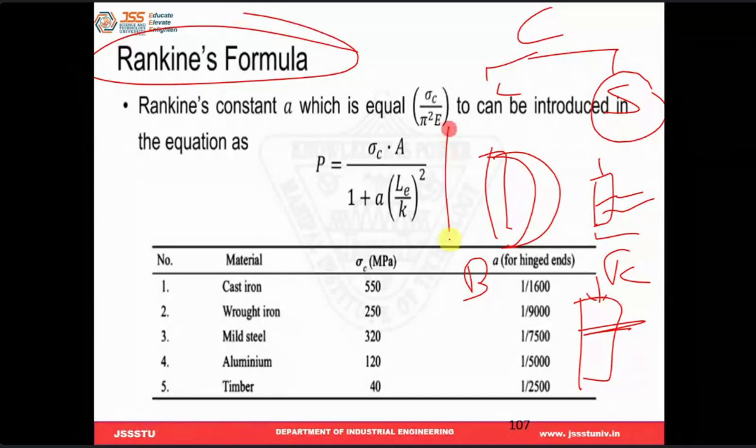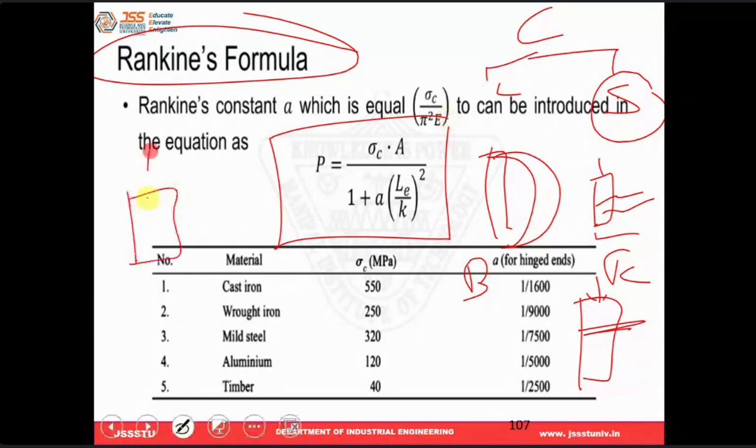For that, the equation is P equal to sigma C by A over 1 plus A into LE by K whole square. Using this, we can calculate the maximum buckling load a short column can carry.